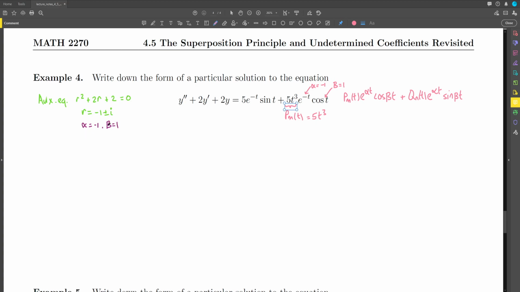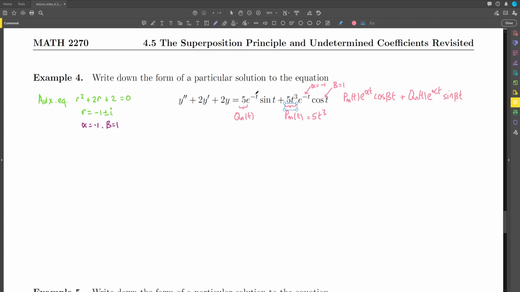So what we see here is that alpha plus or minus i is a root of the auxiliary equation. So that means we're going to have that extra factor of t in our solution. So this part right here, the 5, that is our polynomial q n of t.